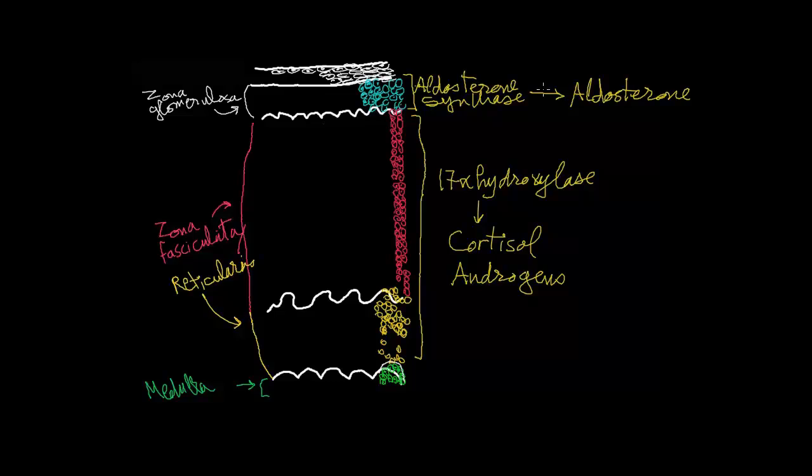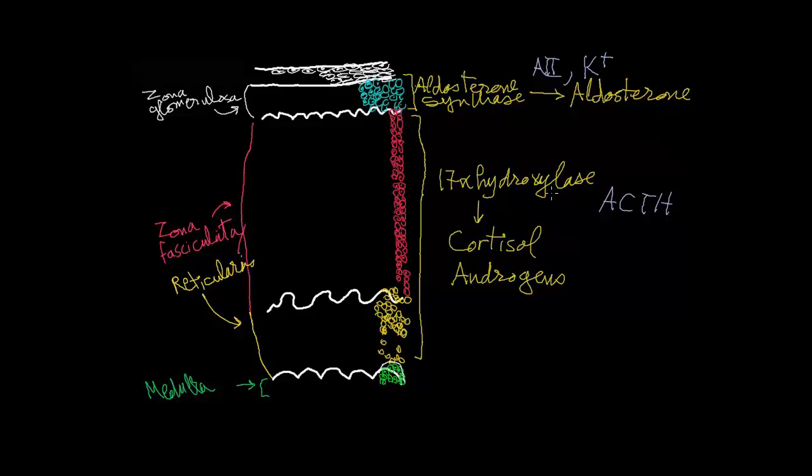Another functional difference between zona glomerulosa and zona fasciculata reticularis is the fact that zona glomerulosa is controlled by angiotensin II and also by potassium ion, while zona fasciculata reticularis is controlled mainly by the hormone adrenocorticotrophic hormone, which is produced by the anterior pituitary.